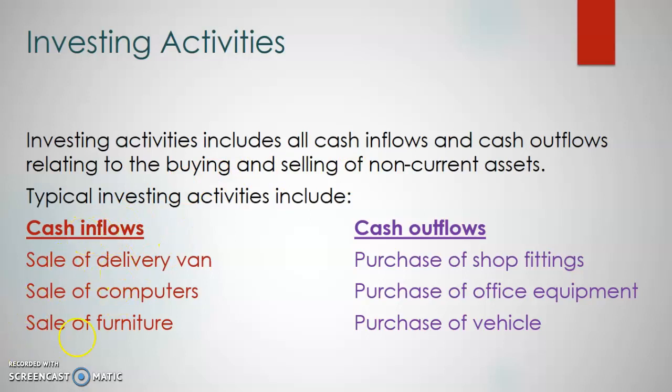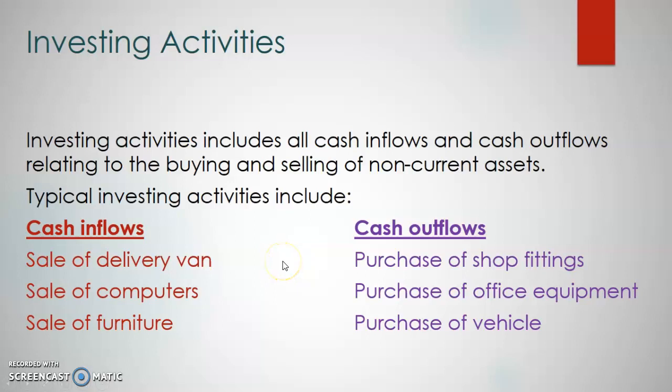The delivery van is your non-current asset. When you sell the delivery van, you're getting money into your business. So that is cash inflow. Sale of computers. Computers again is a non-current asset, so when you sell computers, money is flowing into your business. Sale of furniture, again furniture is a non-current asset.